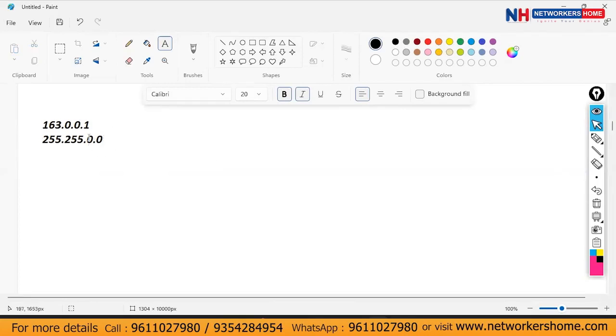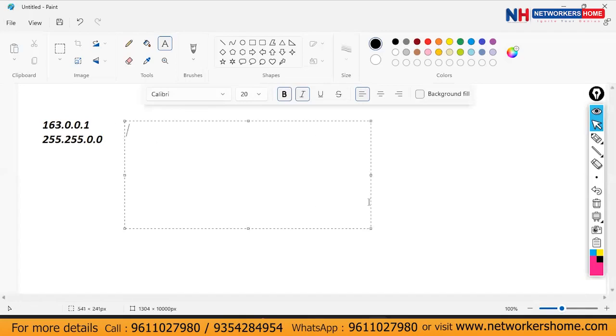You have to keep these two, 163.0, constant, and bring the host part from minimum to maximum. If you write the range, the first address will be this. The second will be 0.1. What will be the last address?